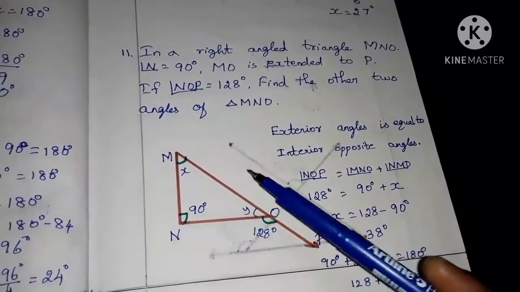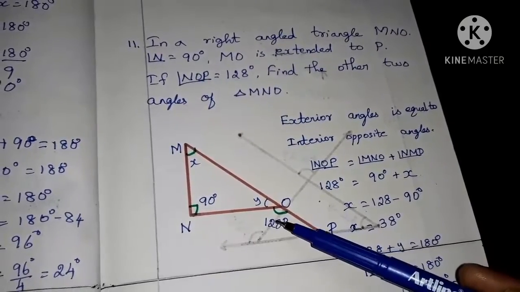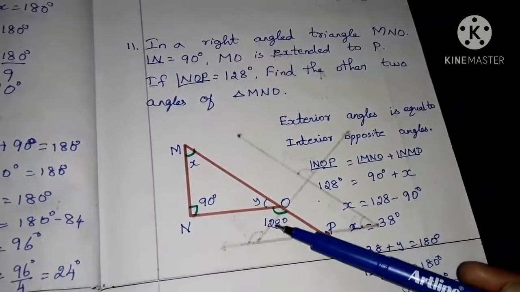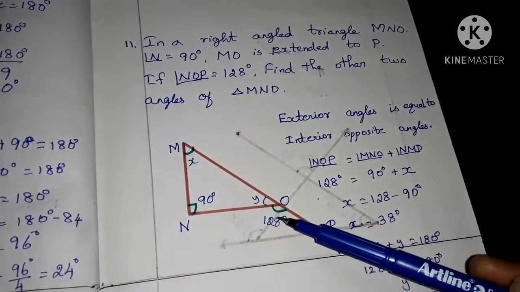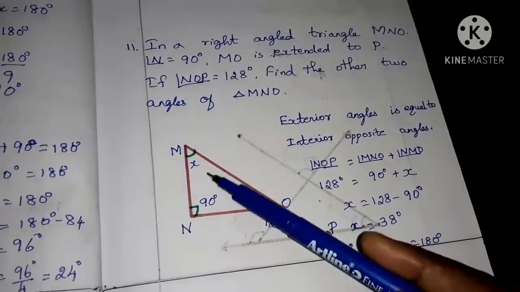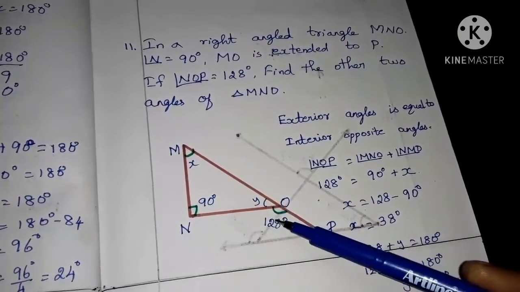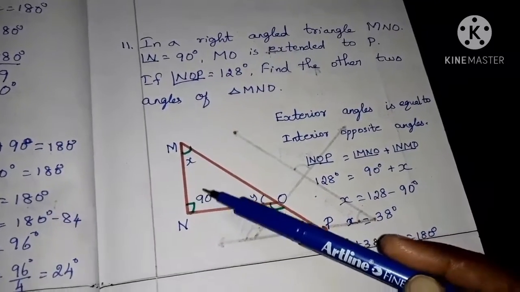First, the second property we studied, the second concept, is the exterior angle. When an angle comes outside of the triangle, that angle is called an exterior angle. The exterior angle is equal to the sum of the interior opposite angles.